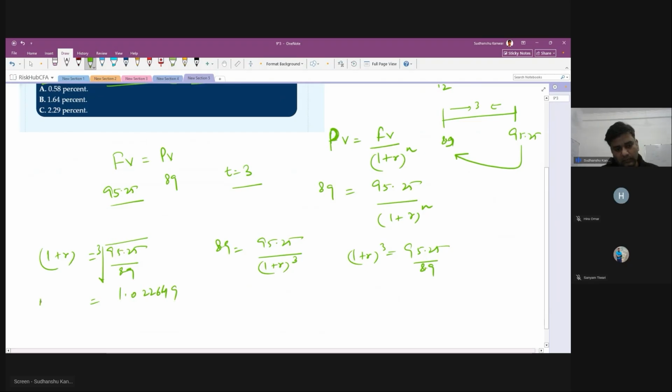So R is equal to 1.022649 minus 1, which becomes 0.02264, and multiplying by 100, it becomes 2.264, which maybe has some rounding off for me, but it is about 2.29%.